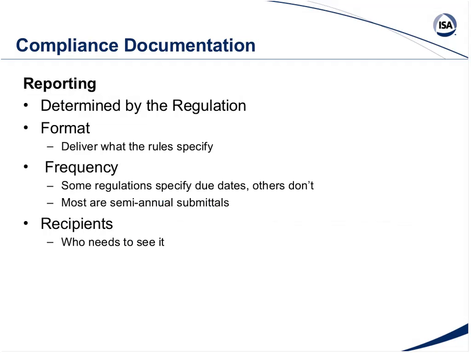Your frequency: some regulations have reporting frequencies, some others don't. Most are semi-annual submittals, some are quarterly and some are annual. So you want to make sure you're getting that information to the right place. And then there's the issue of who needs to see it and what report needs to have it.